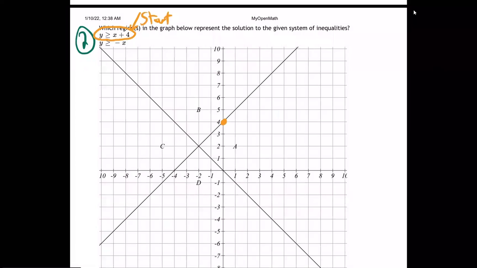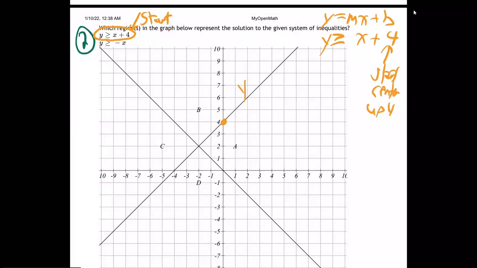Whenever they give us an equation, y equals mx plus b, this right here is the b. So when they say y greater than or equal to x plus 4, the b is where you start your graph on the center, up 4. So this is the equation y greater than or equal to x plus 4.